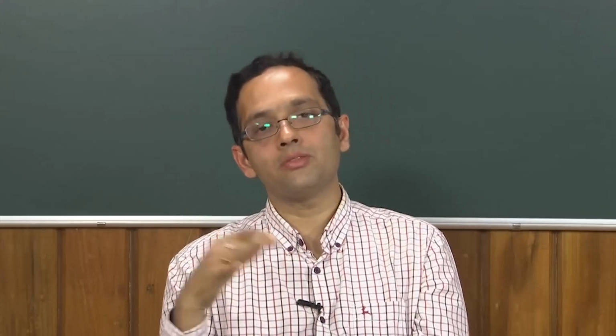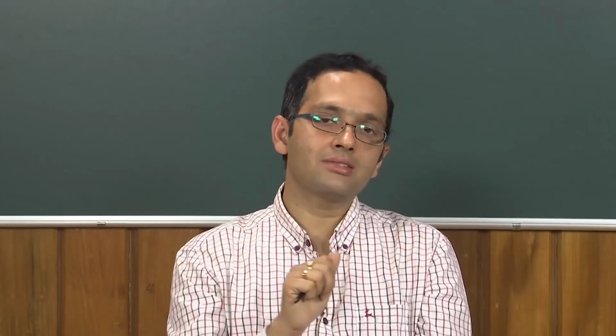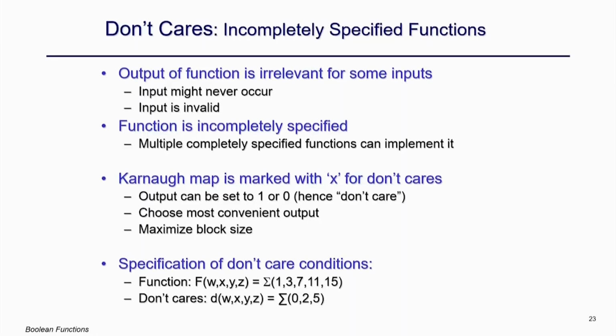We say those terms are don't care, because we don't care about those inputs, and we can use them to optimize the logic circuit further, because the assumption is that the combination never happens. So even if we use them when we optimize our circuit, it does not matter. The don't care is represented by x.